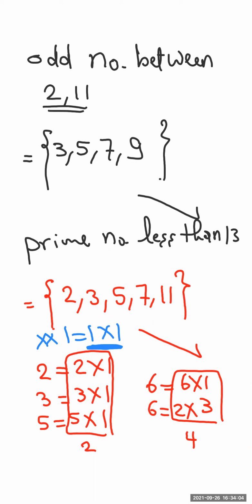That's the odd numbers: 1, 3, 5, 7, 9, 11, 13, 15, 17, 19, 21, and so on. Then what about the even numbers? Even numbers are 0, 2, 4, 6, 8, 10. It's the numbers that are divisible by 2. Okay.